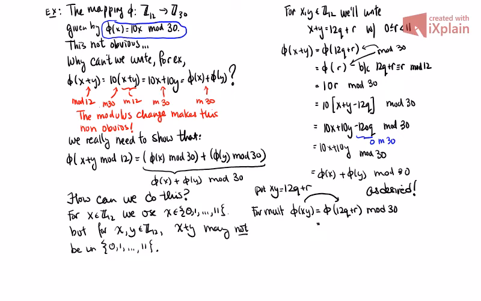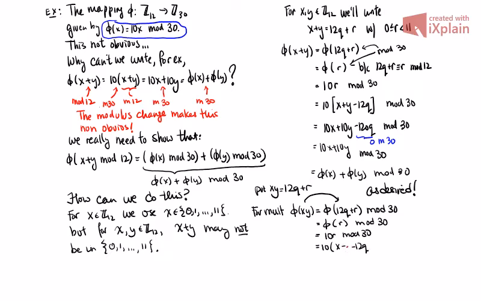So when we do this, this is the same as phi of r, because 12q plus r is the same as r mod 12, which is what's happening inside the parentheses. This is phi of r mod 30 then. Phi of r is 10r. Fill in the r again. So the same sort of thing is happening.